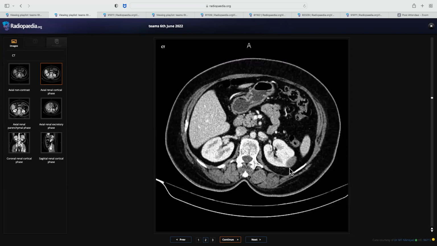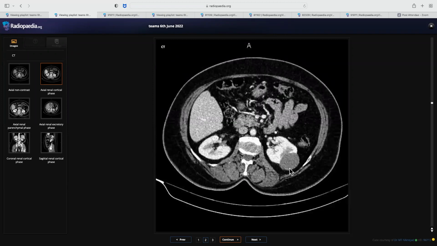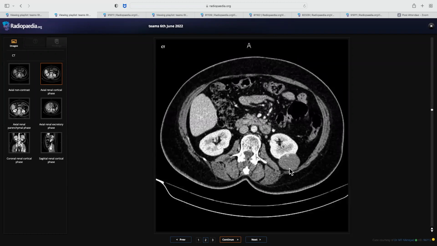So what do you think this is? It's a cystic lesion, hyperdense in non-contrast, and showing a small enhancing nodule in post-contrast. So I think it's a hemorrhagic cyst. Yet I'm suspicious about this small enhancing nodule. Is there any classification for these cysts? Bosniak.